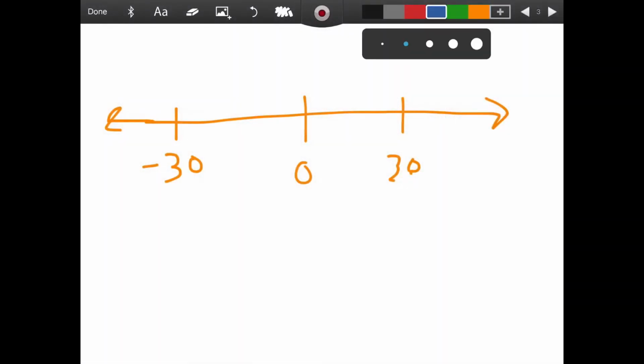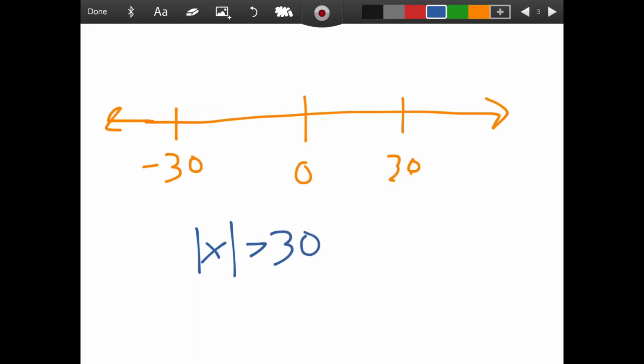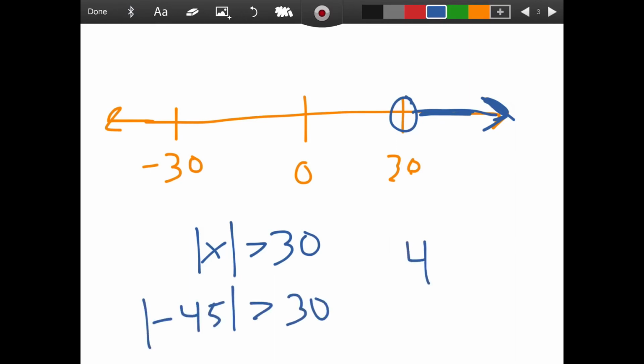So earlier in the video I did mention rules for inequalities, and some of these absolute value problems have inequalities in them. For example, if we have the absolute value of x is greater than 30, on a number line it would look like this, where we take all these values greater than 30, but also if we plug in -45 and take the absolute value, well, yes, this still works because 45 is greater than 30, so that checks out.